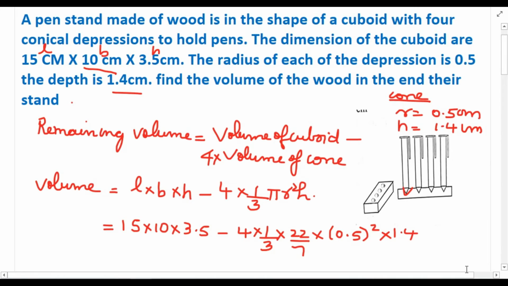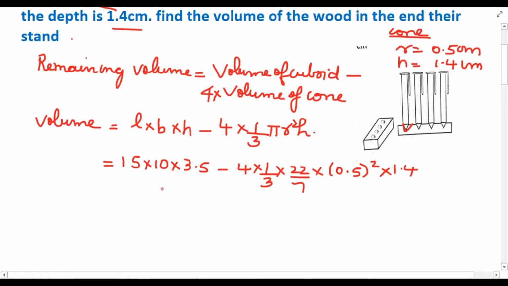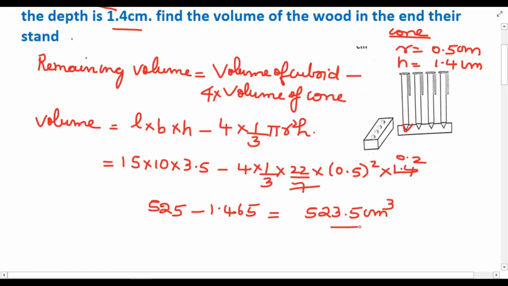When you simplify this, you will have 525 minus, and when you simplify this further, you can cancel the common factors. Again, when you simplify this, you will have 1.465 centimeter cube. When you subtract this, we have 523.5 centimeter cube.